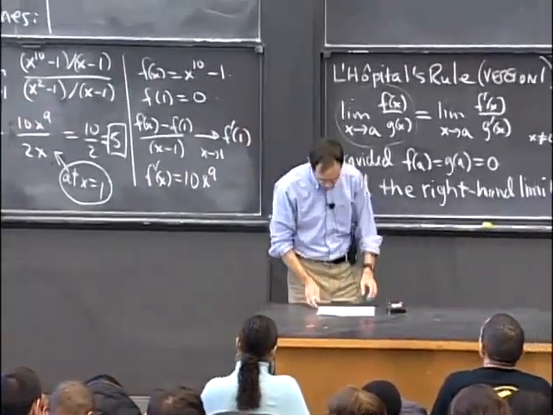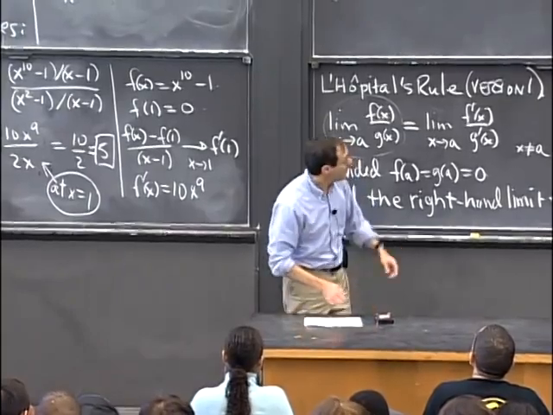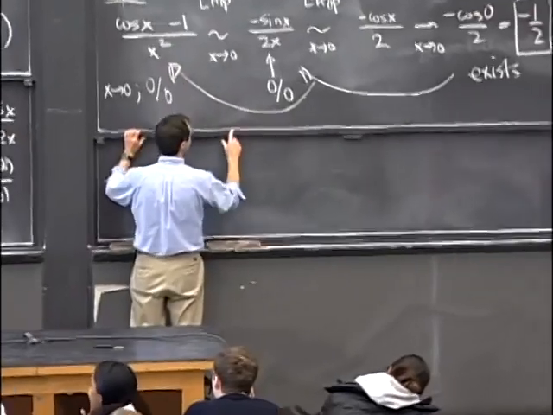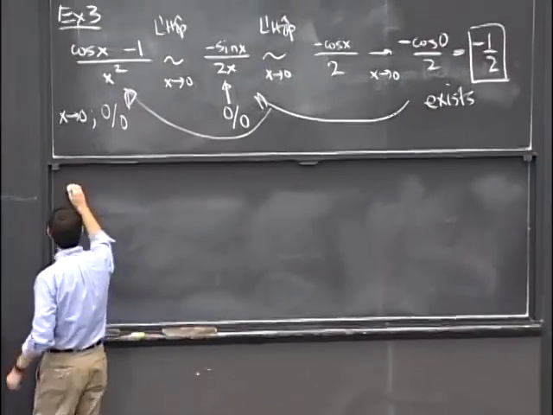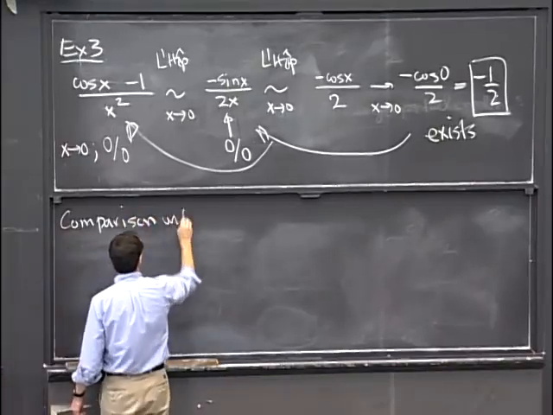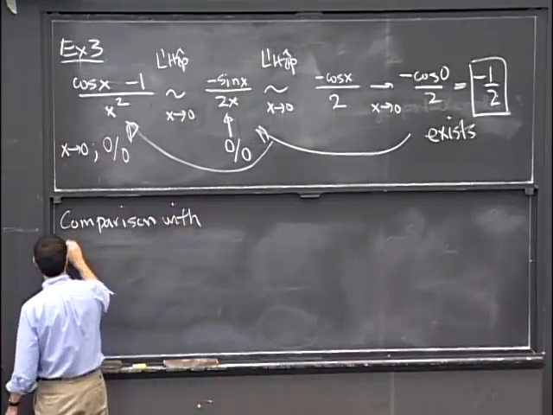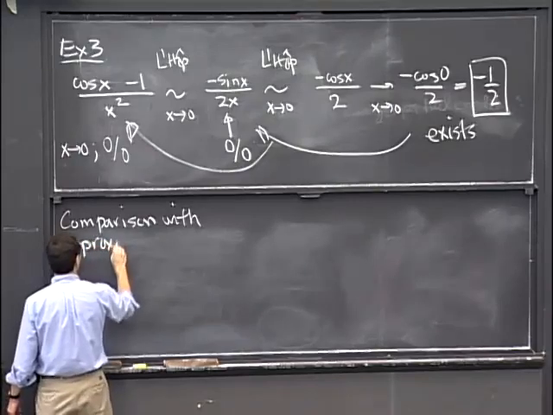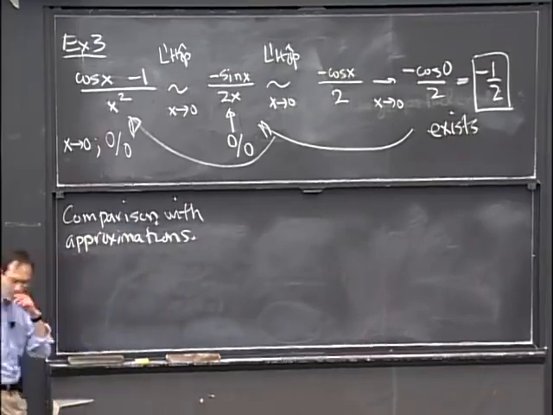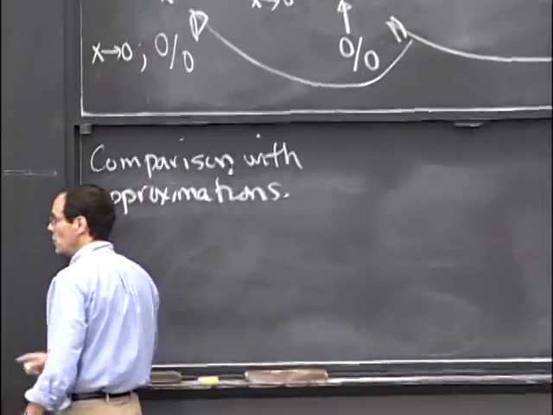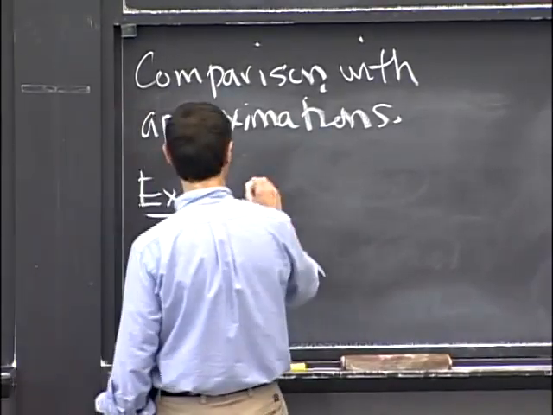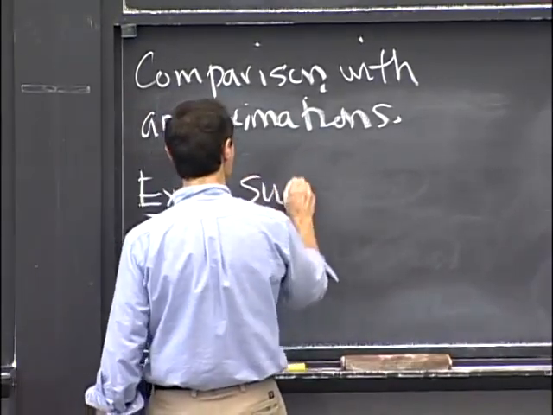All right, so here's a calculation which we just did, and we evaluated this. Now I want to make a comparison with the method of approximation. In the method of approximations, this example 2, which was the example with the sine function, we would use the following property.